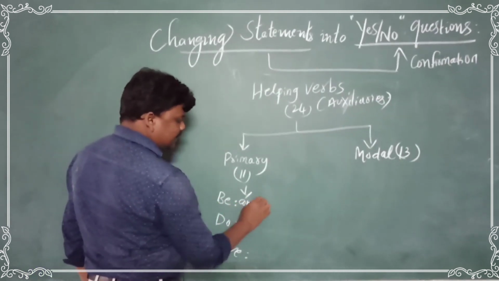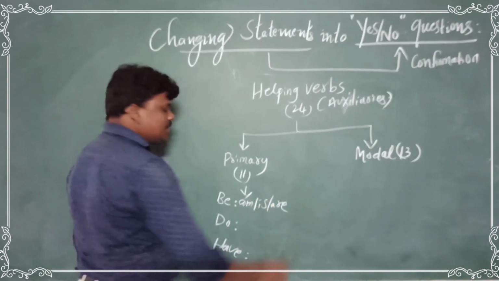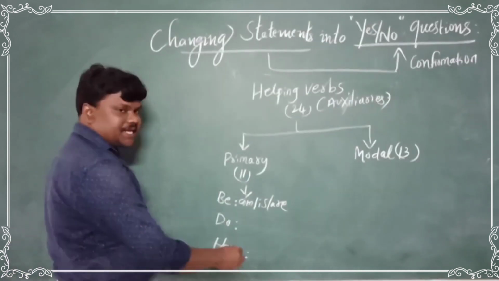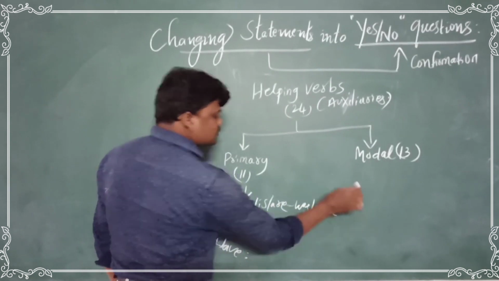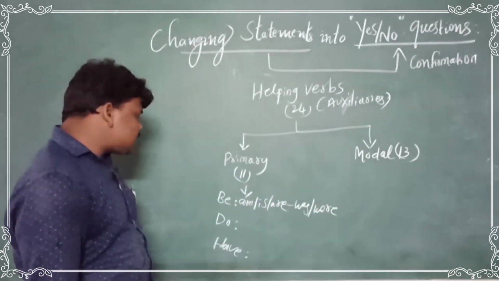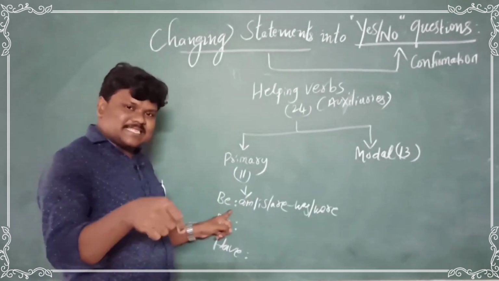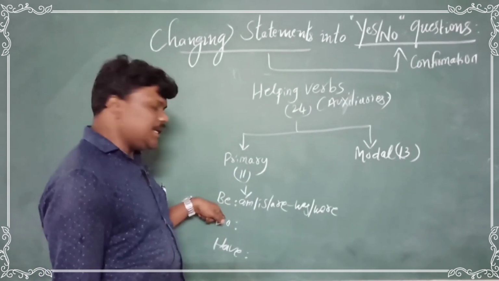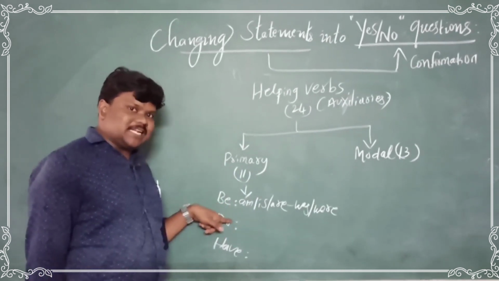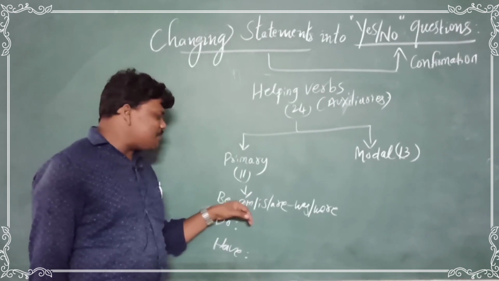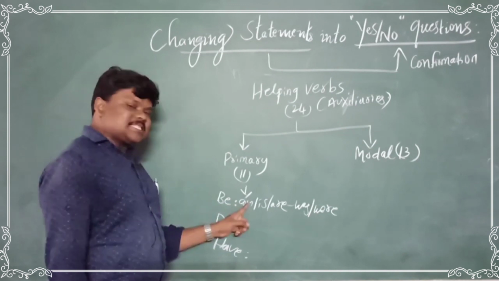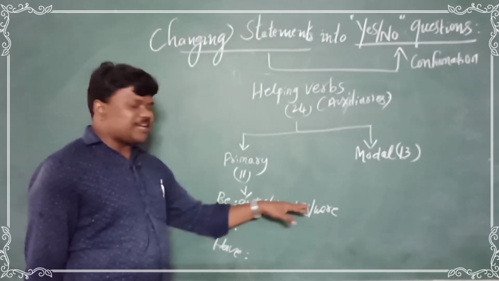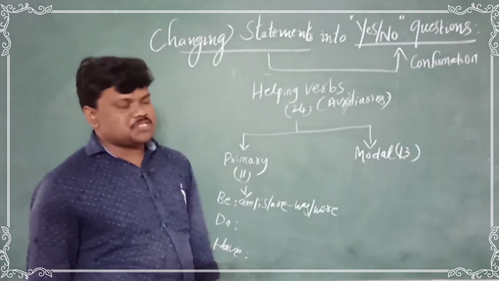Am, is, are are present be forms, whereas was and were are past be forms. Remember, be means existing. There are 5 be forms in the English language: am, is, are, was, were. Am, is, are are called present be forms, whereas was, were are called past be forms.